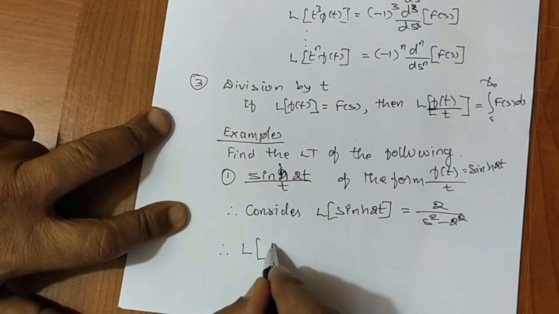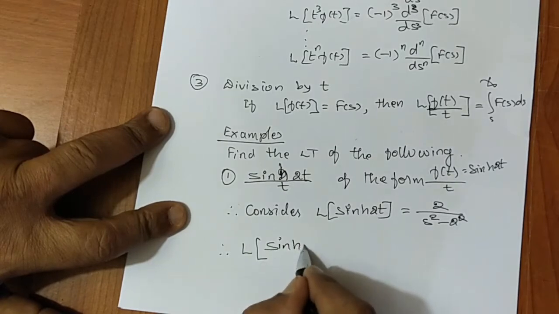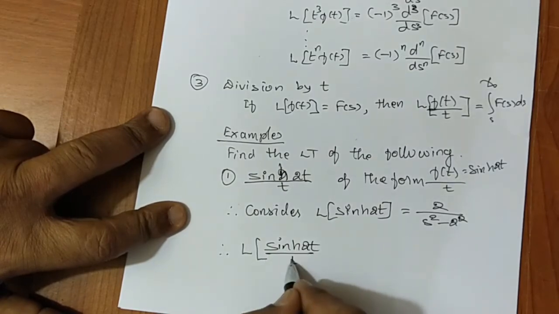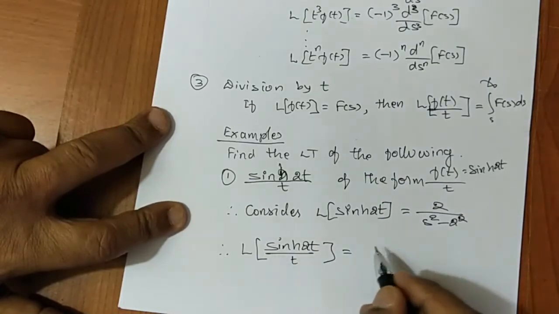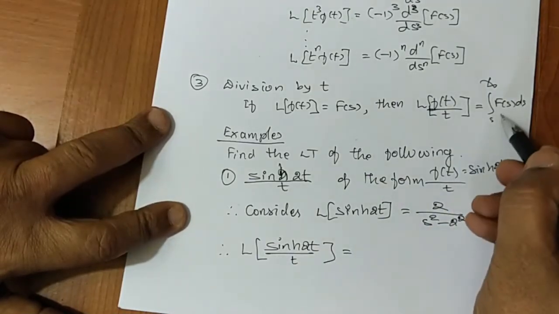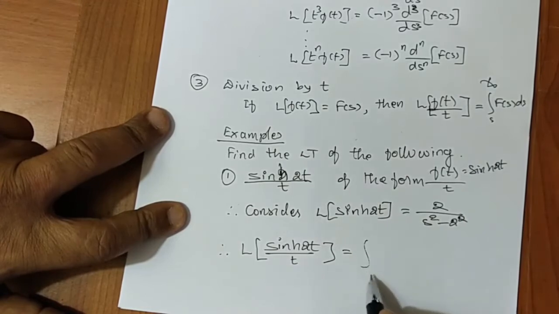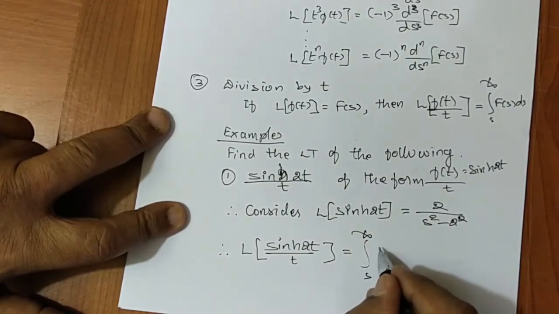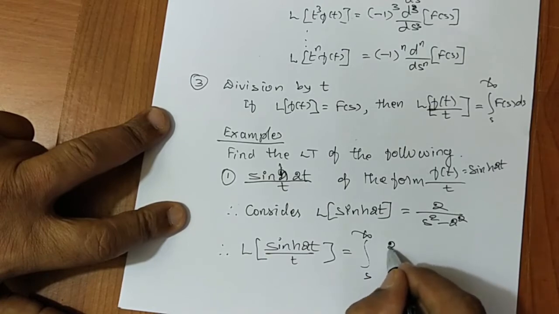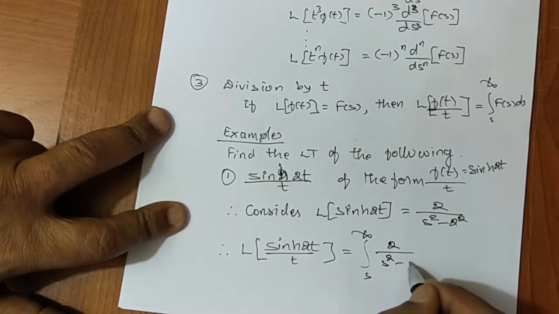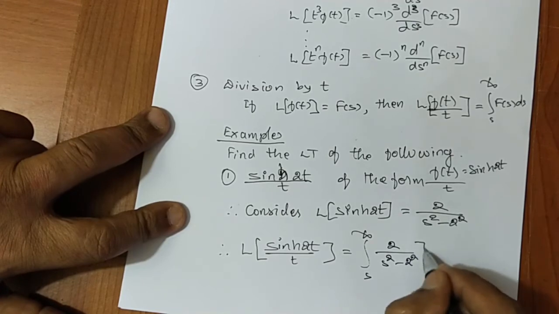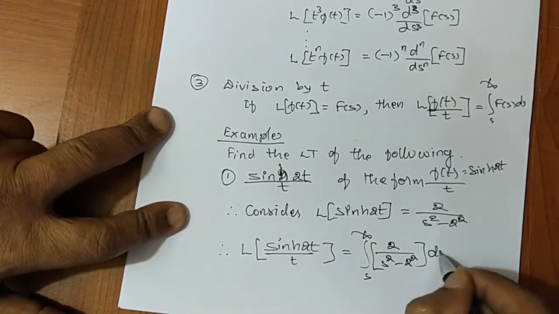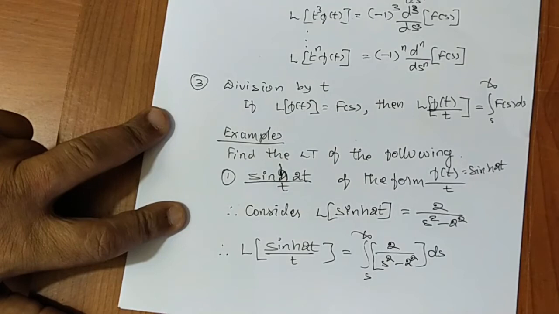So L of sine hyperbolic 2t by t will be what? By this property, it is integration from s to infinity of F of s ds, that is 2 over s squared minus 2 squared ds.